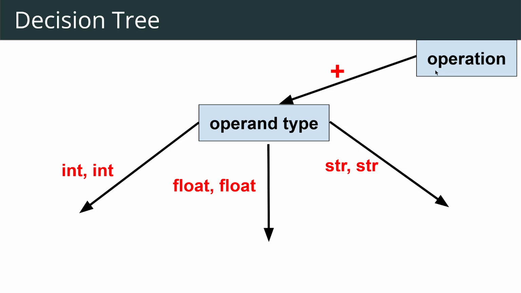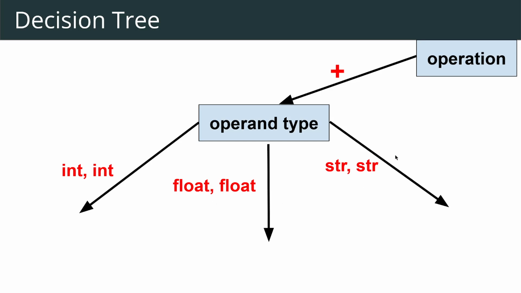Okay. Cool. So the operation right here on the top right, you see how there's kind of a nested tree under here? Well, we're ignoring all the other operations, just looking at the plus sign. The plus sign depends on what we're adding together. Integer addition is different than string addition, and same with floats.